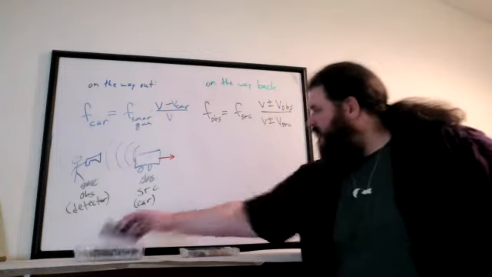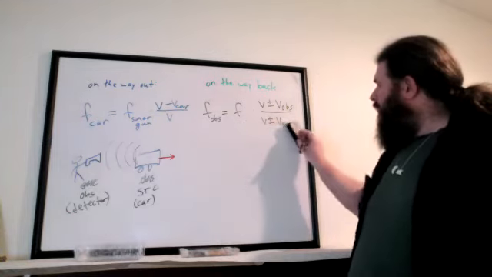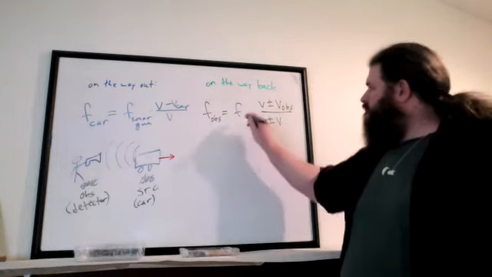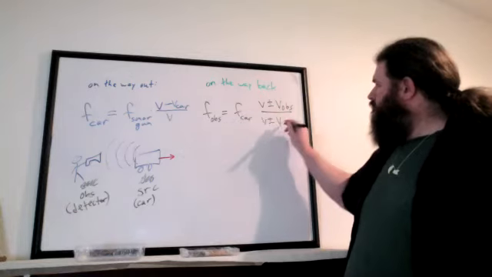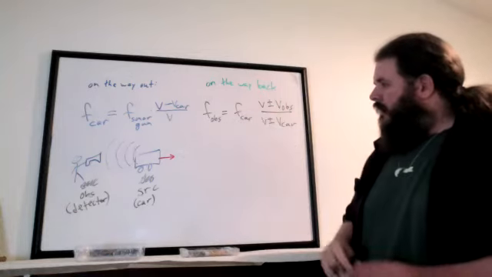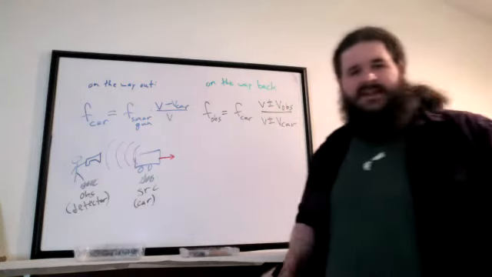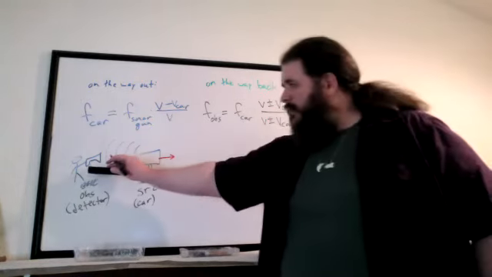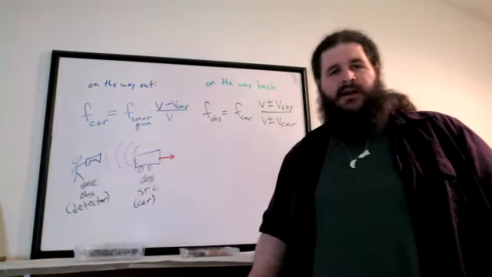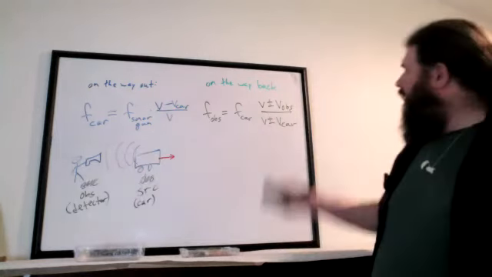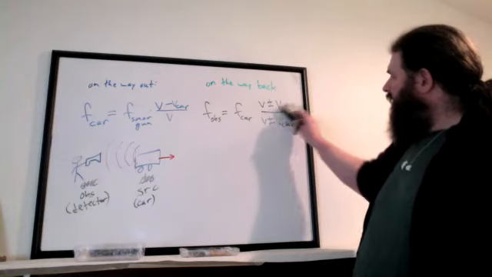So everywhere we see source, we're going to replace it with the car. And everywhere we see observer, we're going to replace that with the detector. The detector isn't moving. You're just standing there pointing the radar gun or sonar gun and detector at the car. So speed of the observer is going to be 0.